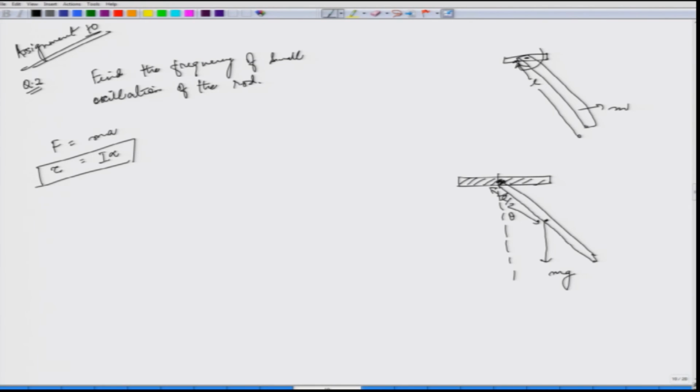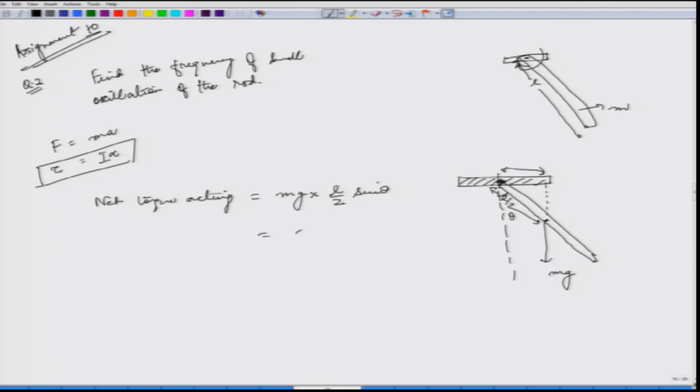At any point of time the torque acting on the system is mg times the perpendicular distance, so the net torque acting is mg into L by 2 sin theta. This is the net torque acting on the system due to its own mass.